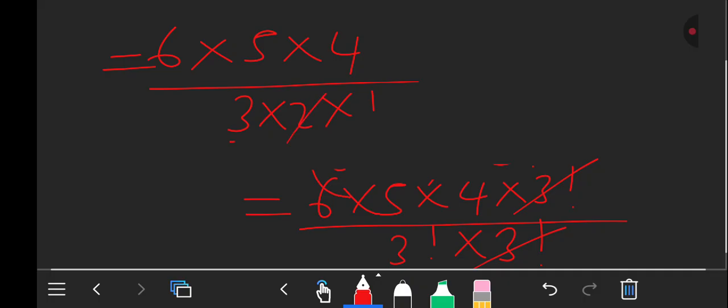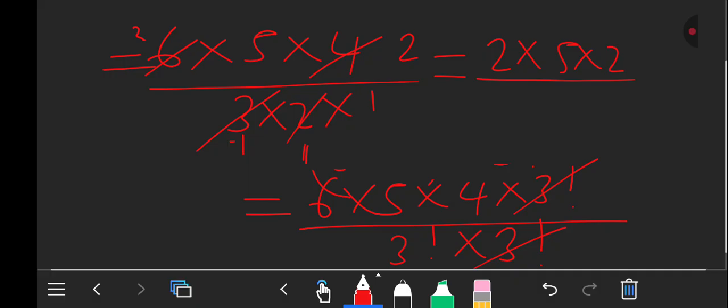Then I can divide: 2 into 2 is 1, 2 into 4 is 2. Then 3 into 3 is 1, 3 into 6 is 2. So what am I going to remain with? I'm going to remain with 2 times 5 times 2.